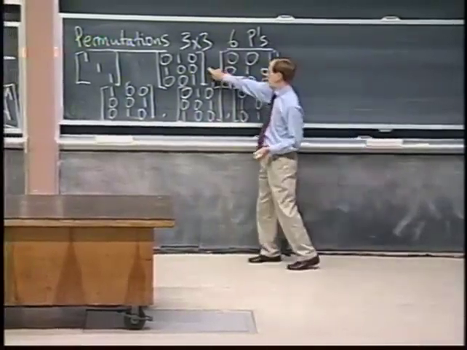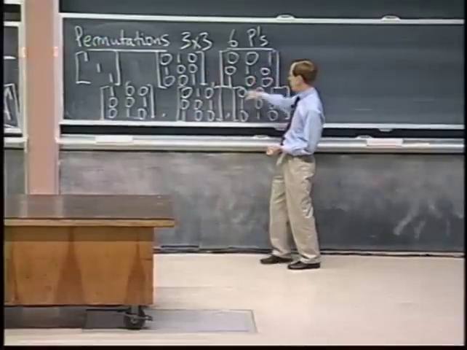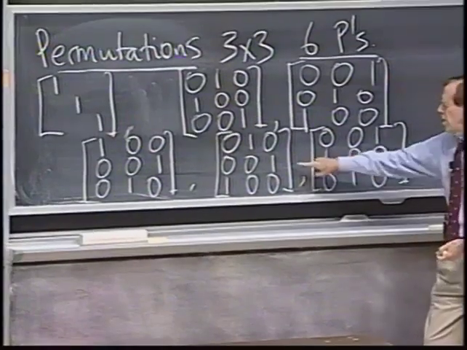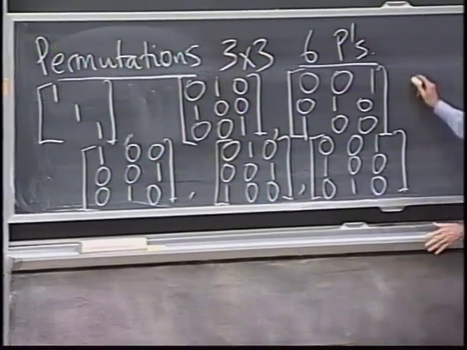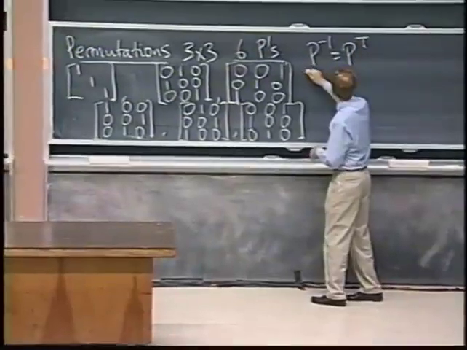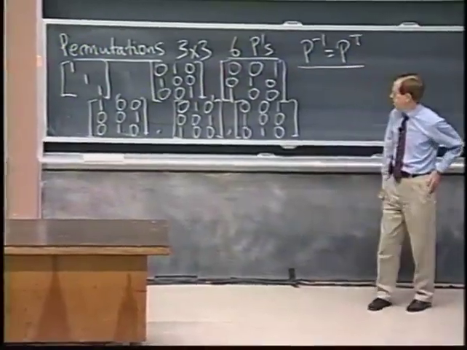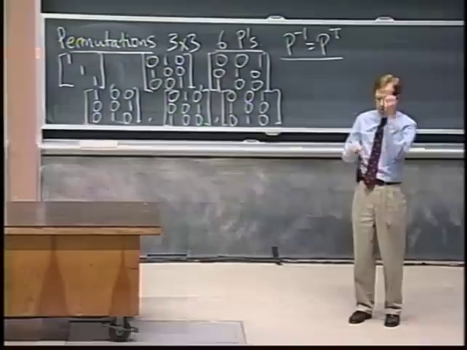So this thing is its own inverse. This one is probably not. Actually, I think these are inverses of each other. Oh yeah, actually, the inverse is the transpose. There's a curious fact about permutation matrices, that the inverses are the transpose.